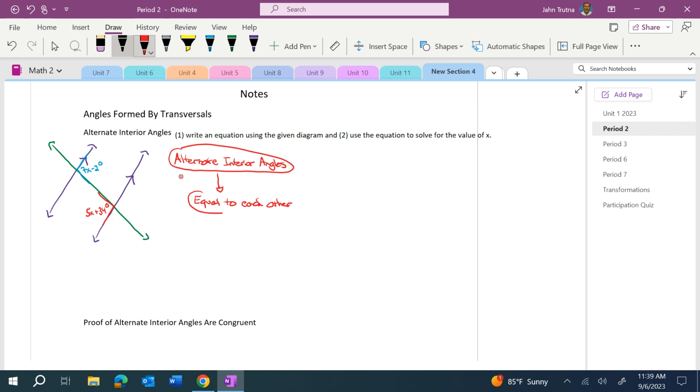Because they are equal to each other, it means that the equation that can be written is: you take the representation of the blue angle, 7x minus 2 degrees, and it is equal to the representation of the red angle, which is represented with 5x plus 34 degrees.